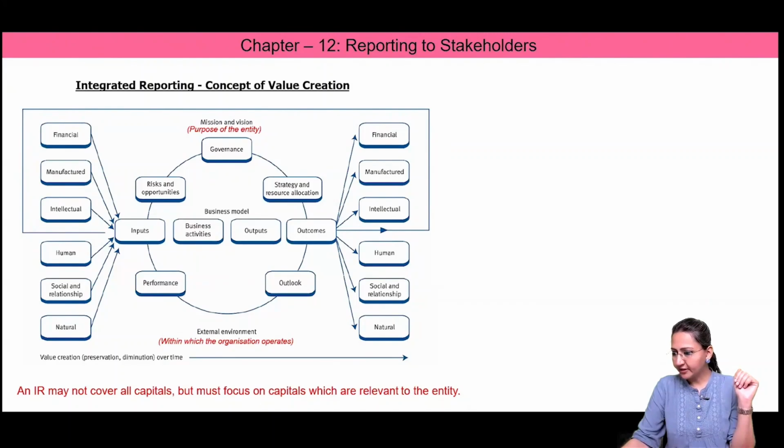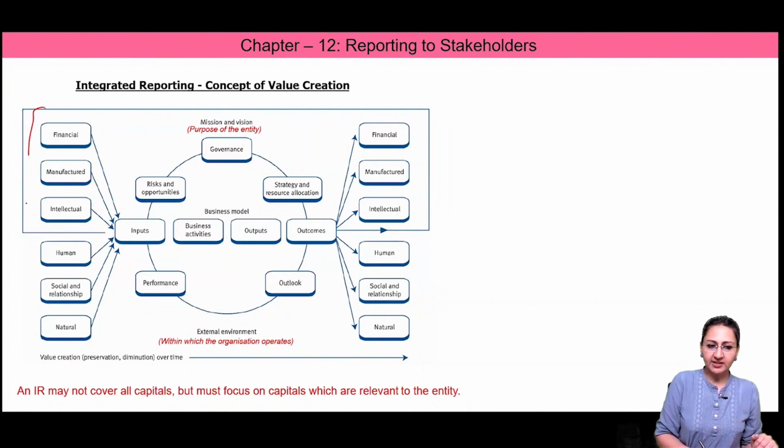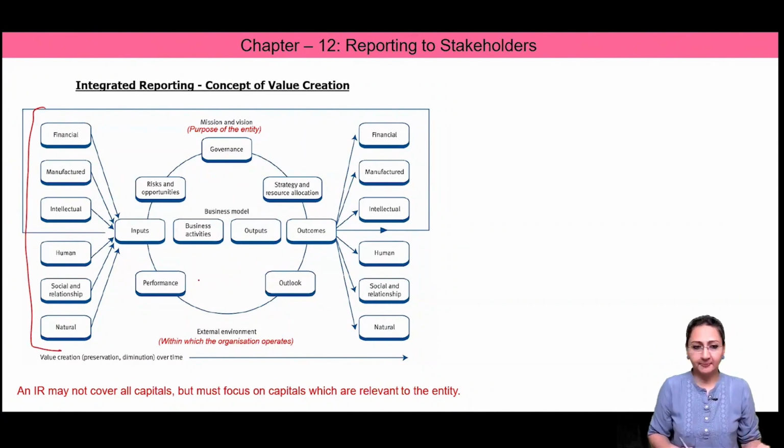Now, what is integrated reporting? Its word in itself is telling what is integrated reporting. Reporting which integrates many aspects into a single report. We will talk about 6 capitals under integrated reporting: financial capital, manufactured capital, intellectual capital, human capital, social and relationship capital, and natural capital.